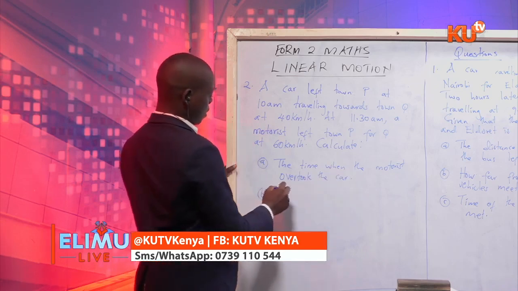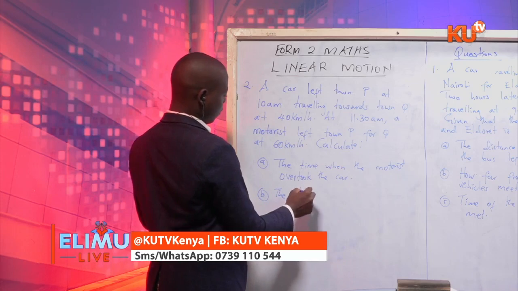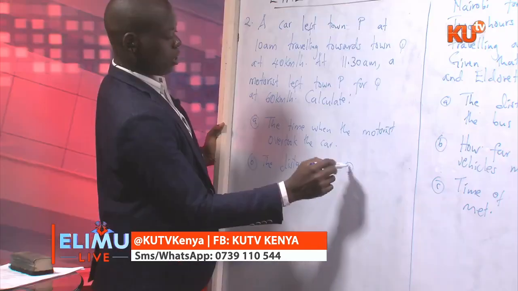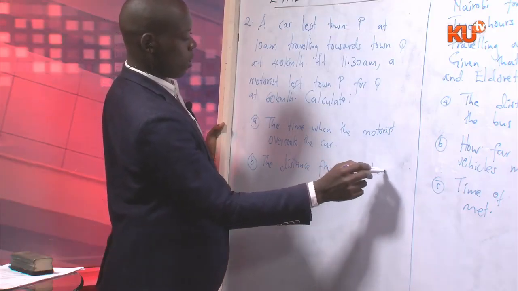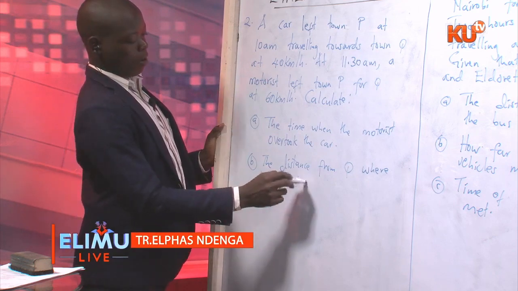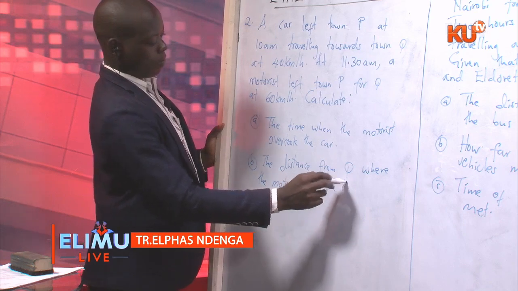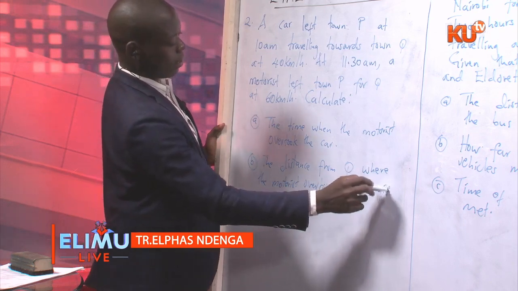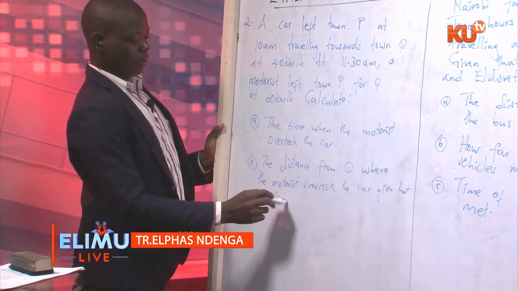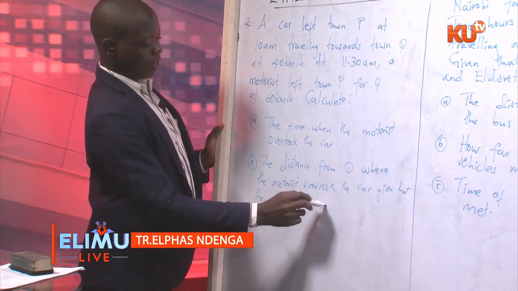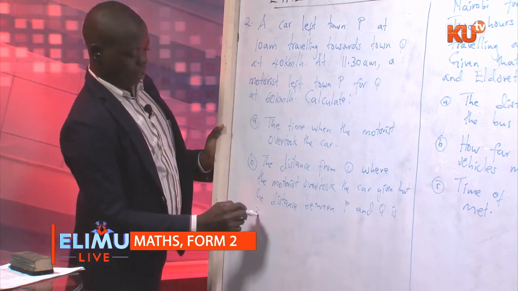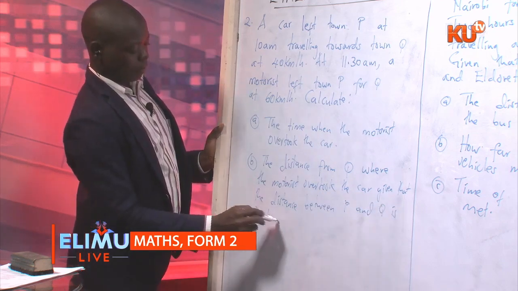Then part B, the distance from Q where the motorist overtook the car, given that the distance between P and Q is 300 kilometers.